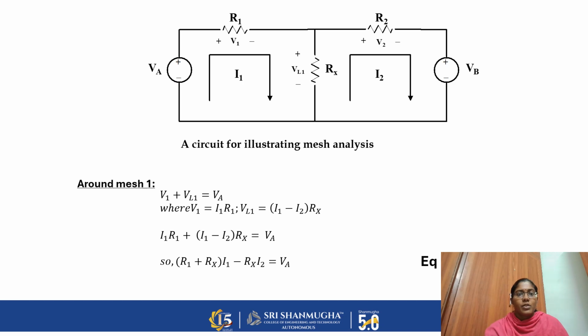You can mark the points, I'm marking here as A, B, C, D, E, F. Okay, here you can consider this one as mesh 1, right? So the current flowing through mesh 1 is I1.